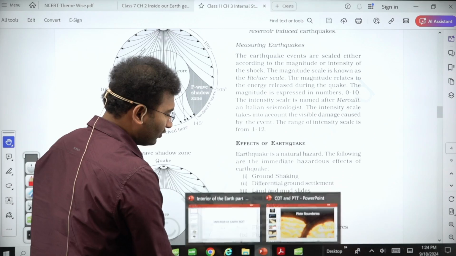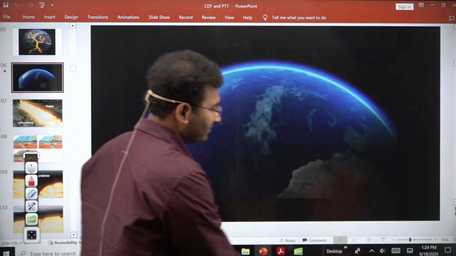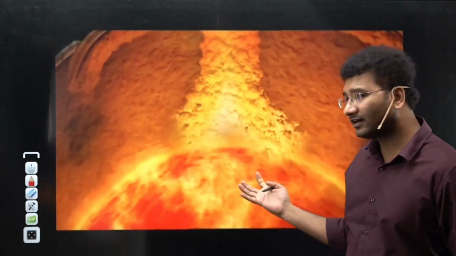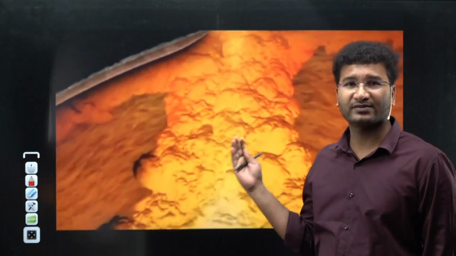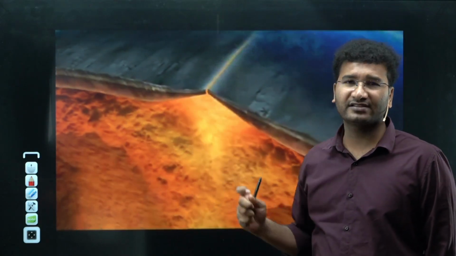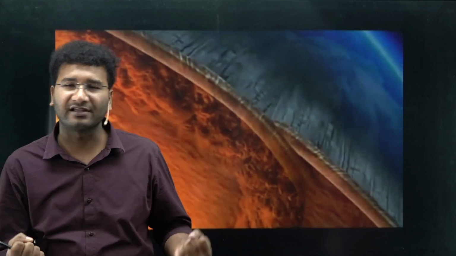Okay, now in an overview, I wanted to tell you what we are going to discuss. We are going to discuss what layers are present within the interior of the earth and how we got to know. You know that the interior of the earth has a core, a mantle, a crust, as well as various other layers which are broadly divided on the basis of chemical composition and also on the basis of mechanical composition.